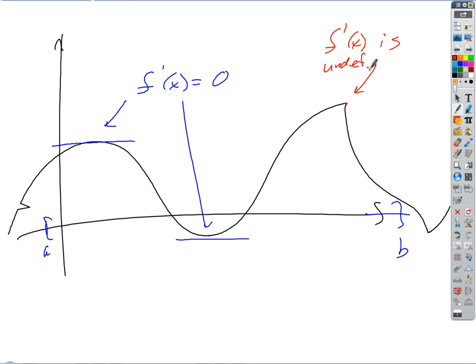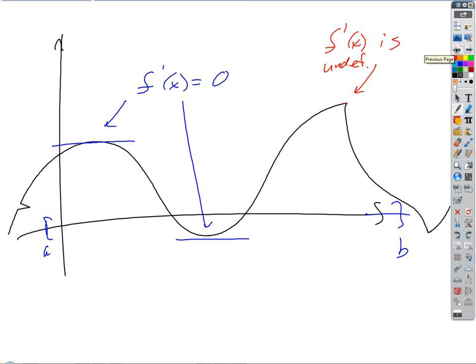So we could get smooth, rounded peaks or smooth valleys that have horizontal tangents, or we could get rugged, jagged, sharp peaks or sharp valleys where the derivative is undefined. In either case, if we want to find all the relative extrema, the mountains, peaks and valleys, they have to occur at those two kinds of places: where the derivative is equal to 0 or undefined.